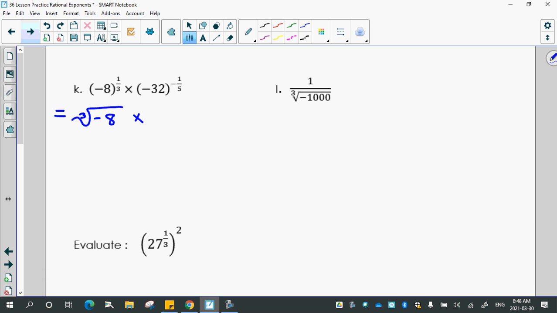And then this one, I would rewrite as, first of all, 1 over, in brackets, negative 32, because the base is negative, to the positive 1/5. Which is, third root of negative 8 is negative 2, times 1 over the 5th root of negative 32.